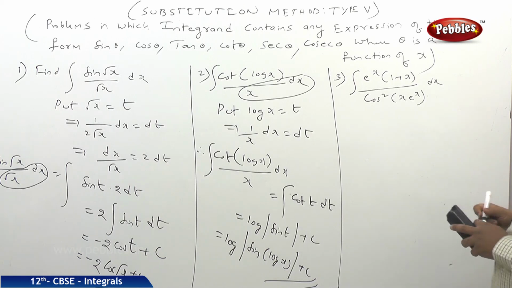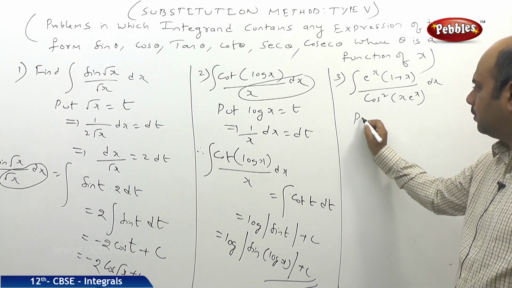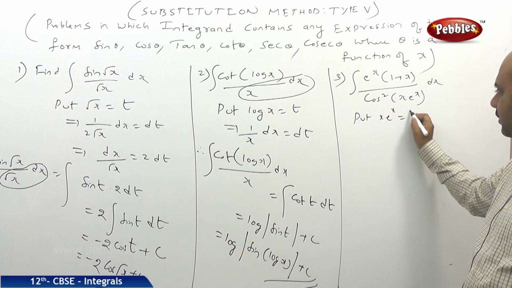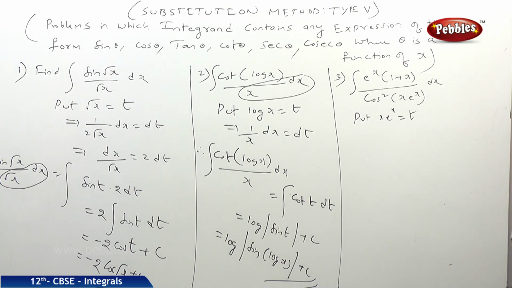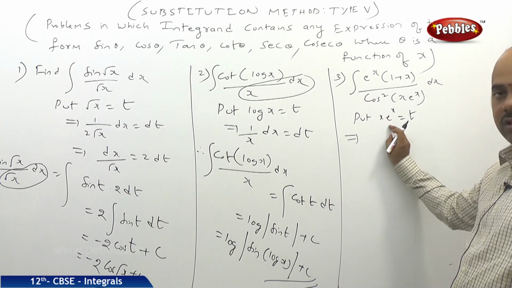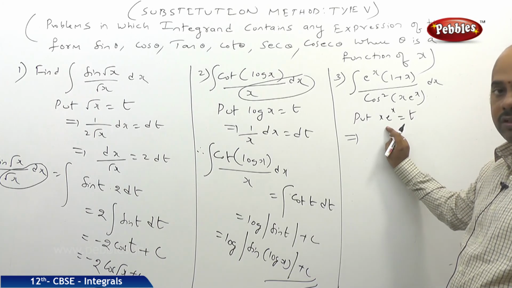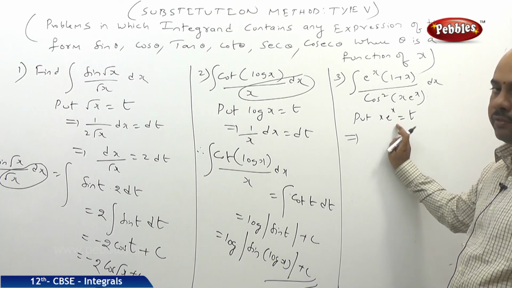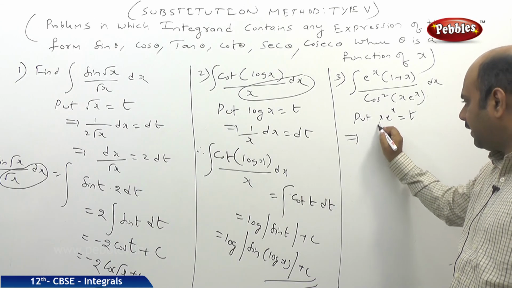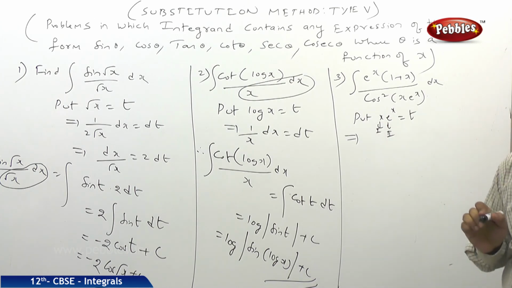Right? So here I'll be putting x e power x is equal to t. Very beautiful problem. Two functions are there and we need to find the derivative, and those two functions are in product form. So for the derivative we need to apply the product rule. I will treat this as the first function. In earlier classes we had seen about differentiation also.